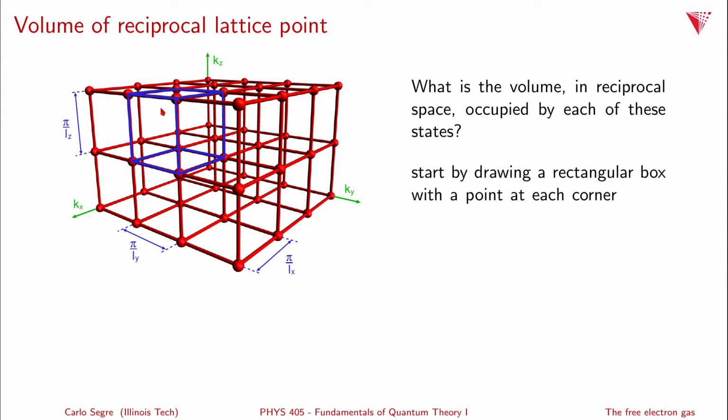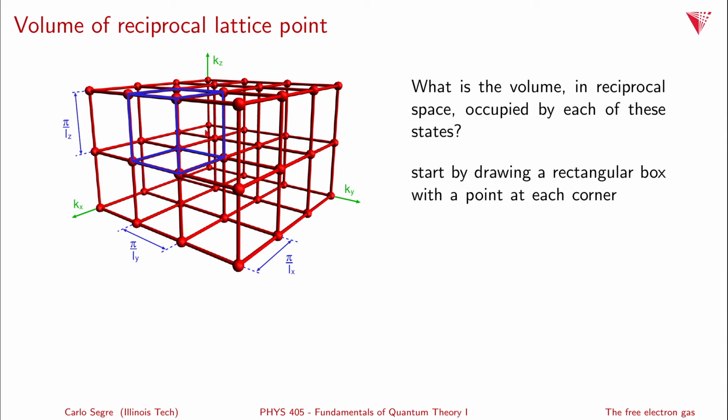Now, if you take this box, you can look at it in two ways. One way is to say that at each corner, you're touching one of the reciprocal lattice points. So in some sense, 1/8 of each point is inside the box. There are 8 of them. That gives you 1 point inside this box. So the box of this volume will have 1 point inside it.